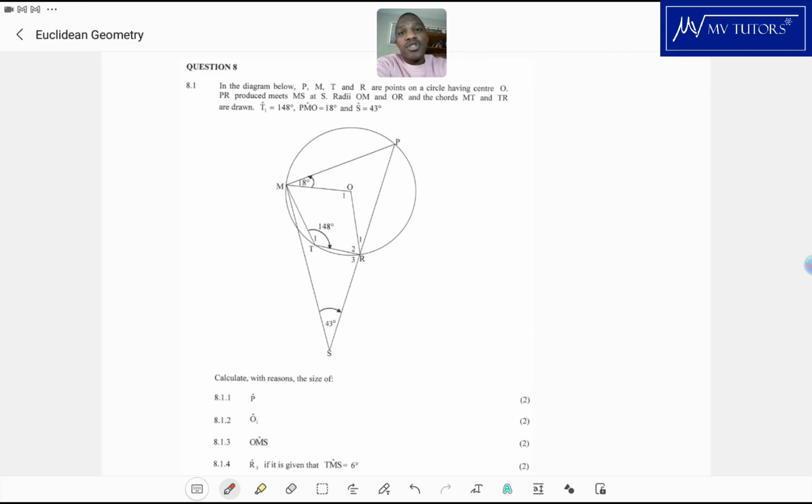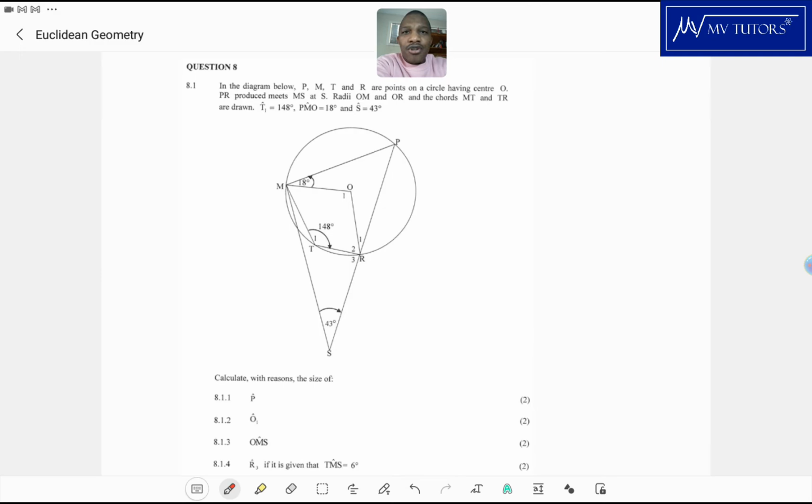Now you have to start thinking of all the laws that affect the center. And the law that affects the center the most is that the angle at the center is twice the angle at the circumference if they're coming from the same chord. All right, then PR is produced. Where is PR? Let's look for PR. PR is produced.